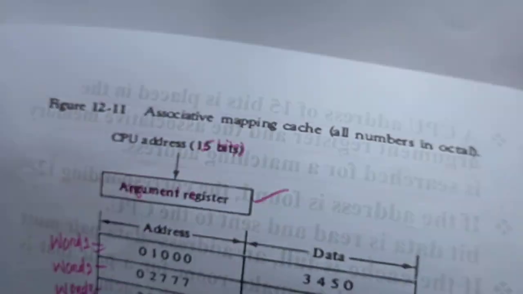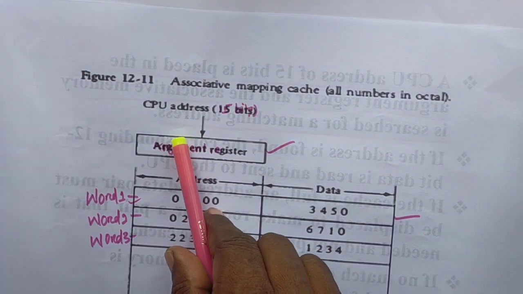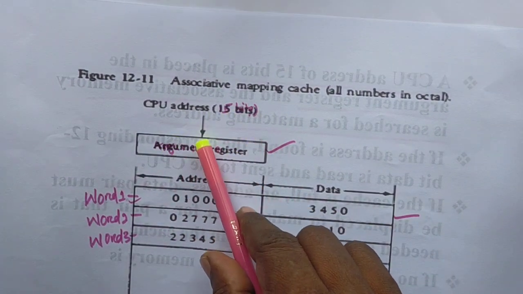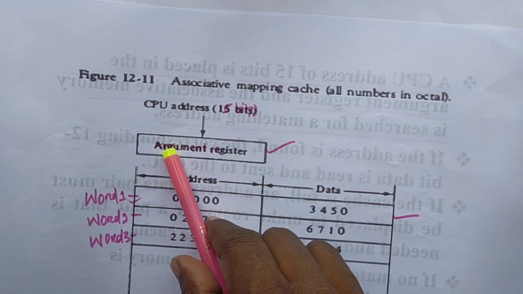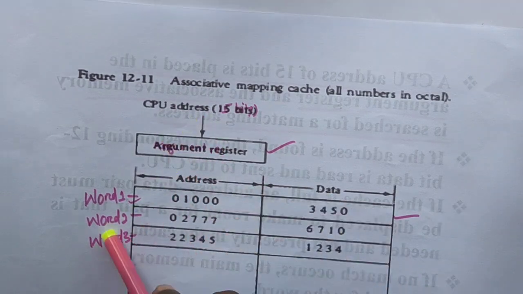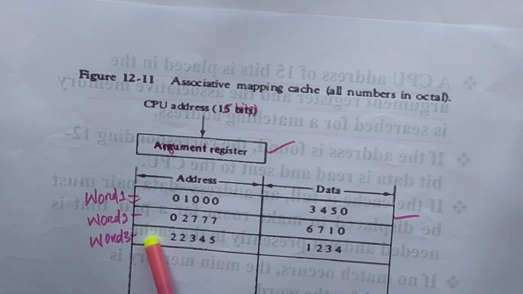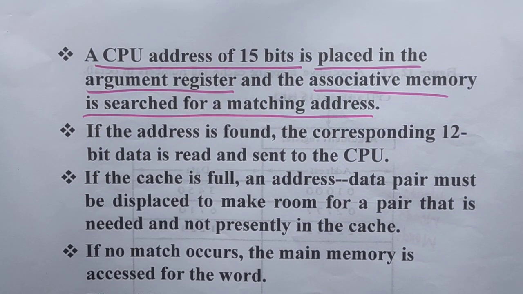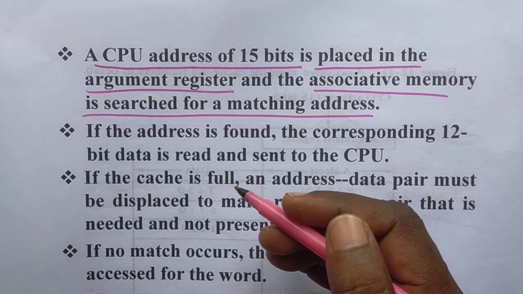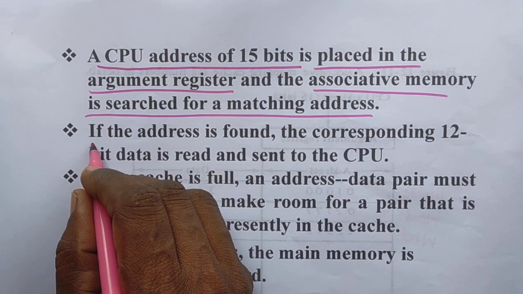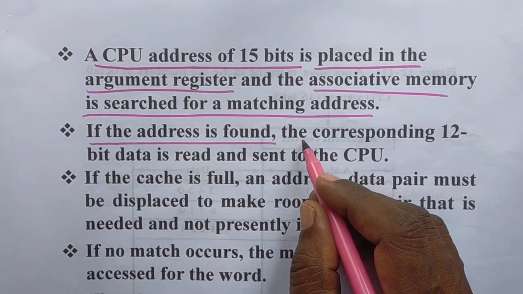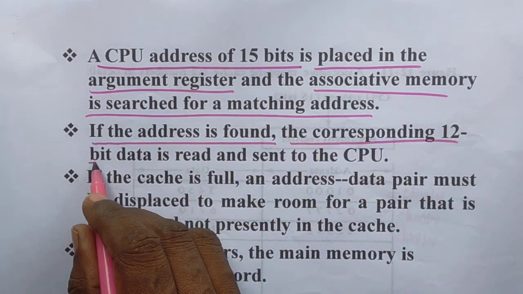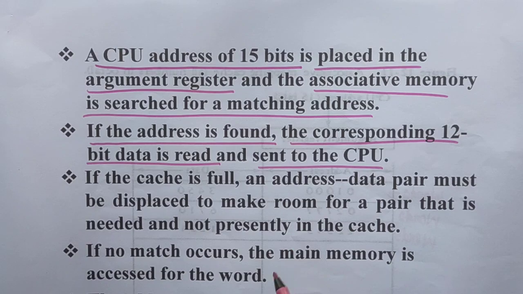Whenever the CPU places 15-bit data in the argument register, it also has the address of the data, and that address is searched in the different words. That is the basic concept. If the address is found in the words, the corresponding 12-bit data is read and sent to the CPU.